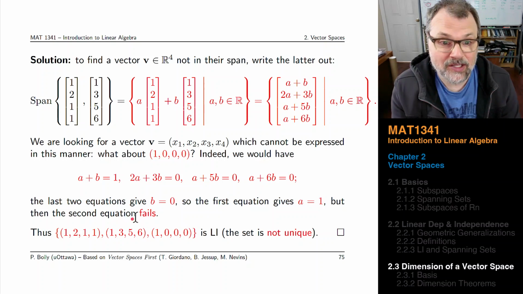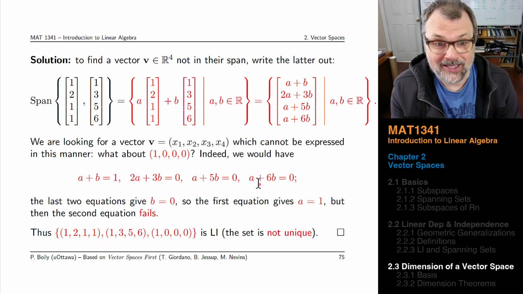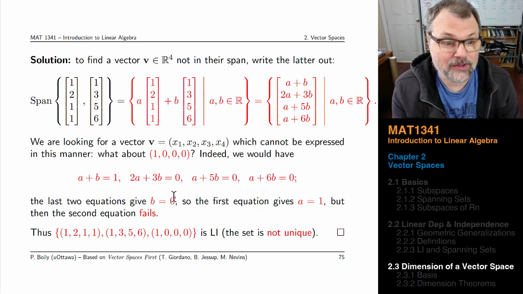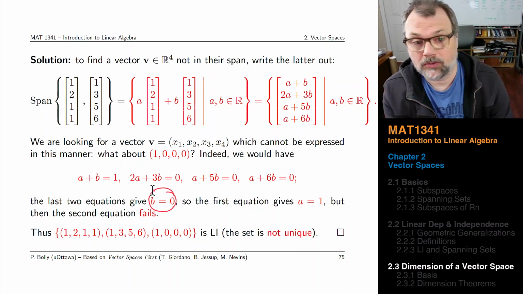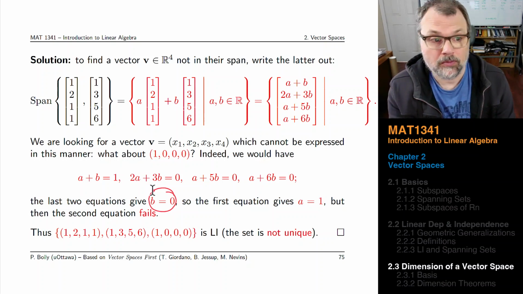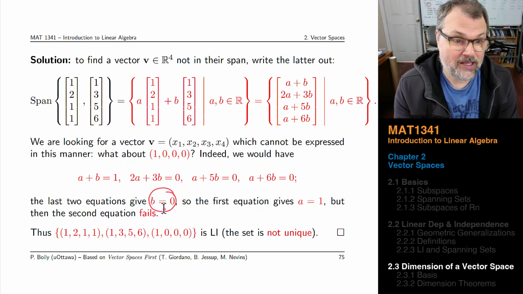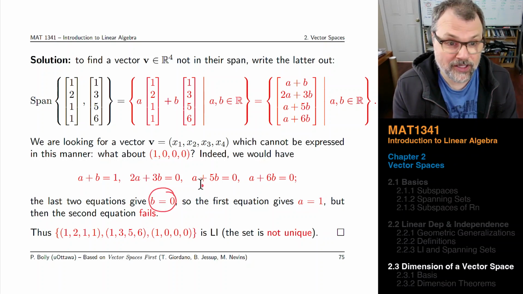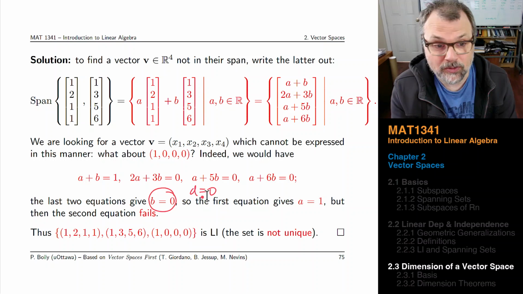Well, from the last two equations, you get that a is equal to minus 5b, and you get that a is equal to minus 6b. So that automatically gives you that b is equal to 0. But if b is equal to 0, then a also has to be equal to 0, right? That's the only way this makes sense.